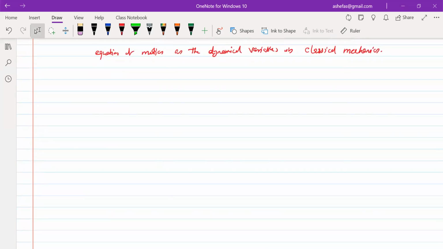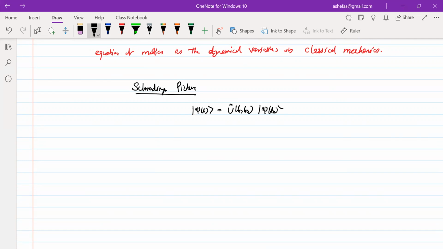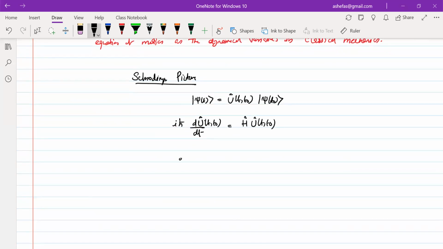In the Schrodinger picture, the state at time t is connected to the state at time 0 through a unitary operator, and this unitary operator will satisfy the differential equation iħ dU/dt = HU, with U(0) = 1.